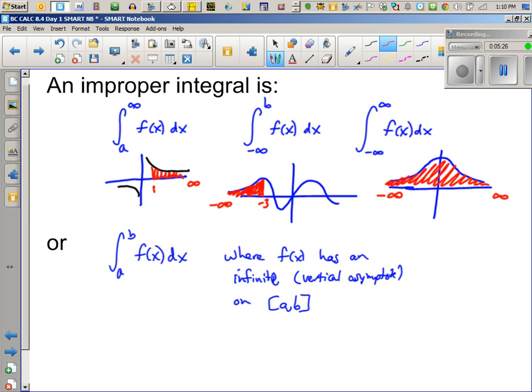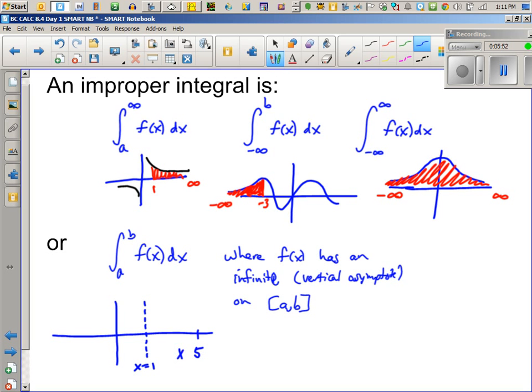Now, sometimes these red areas do not exist, and sometimes they do, but that's not what we're talking about right now. This one here, I can think of sort of three pictures for this one. This is sort of day 2 stuff, so I probably won't do any examples of this today. But imagine a situation where you're asked to find the area between, let's say, 1 and 5.